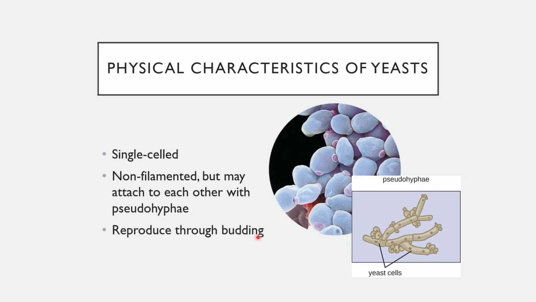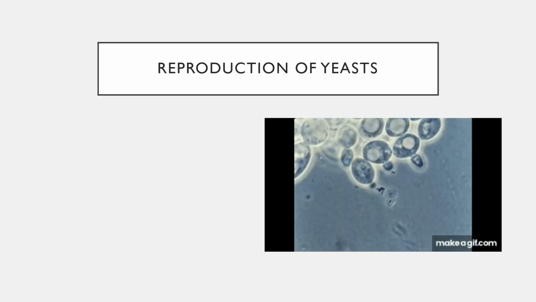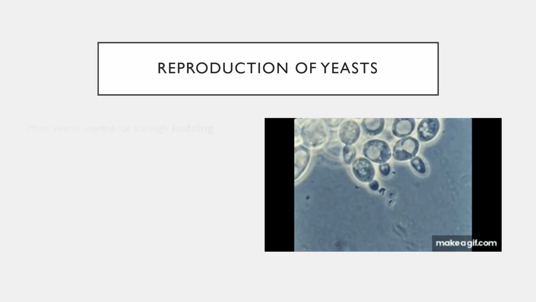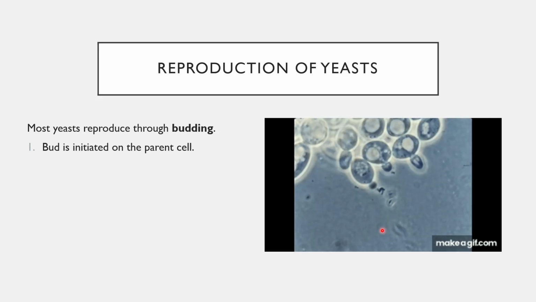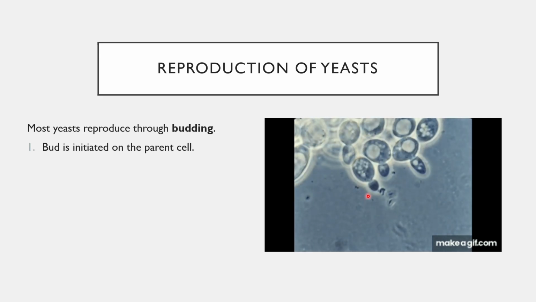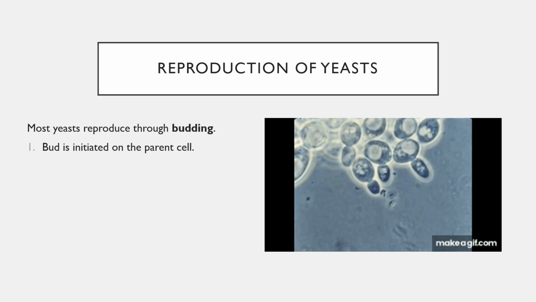They typically reproduce through a process called budding, which we have mentioned before, but we're going to take a closer look at it here. The steps involved in budding are: first, a bud initiates on the surface of a parent yeast cell, which you can see occurring in this animation right here. The bud will grow, and meanwhile the parent cell's nucleus will divide.